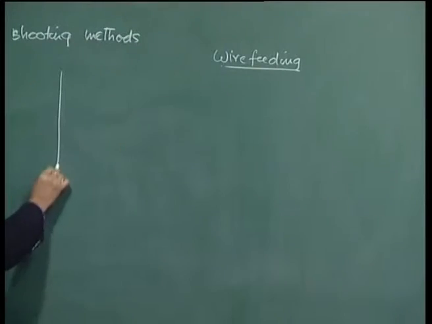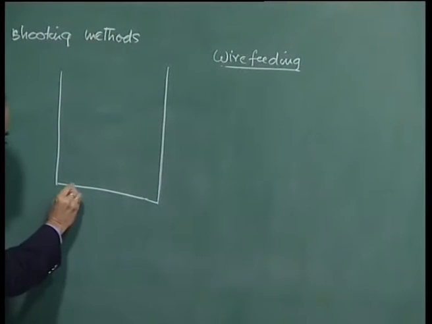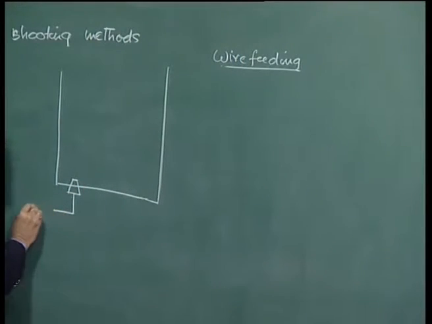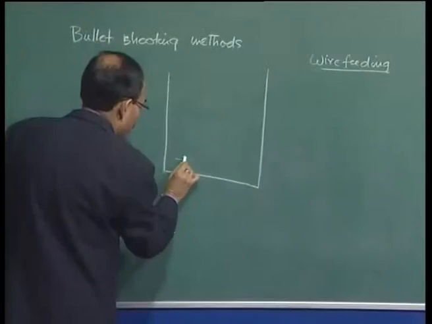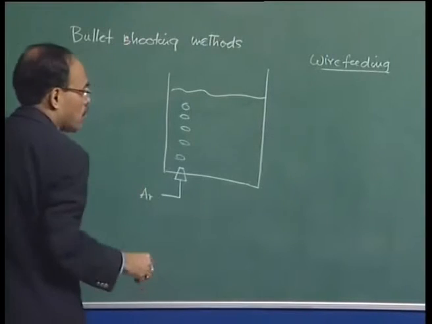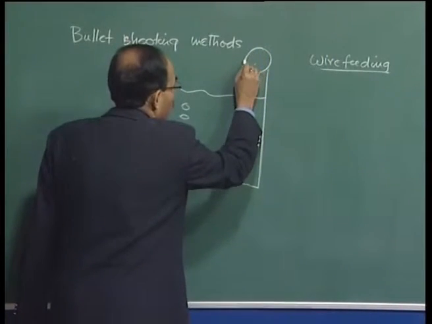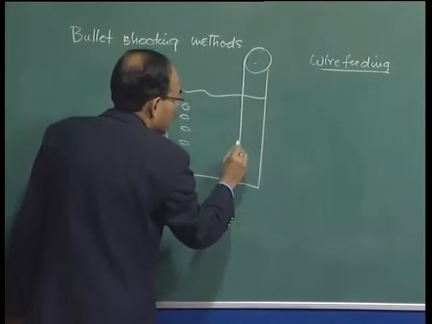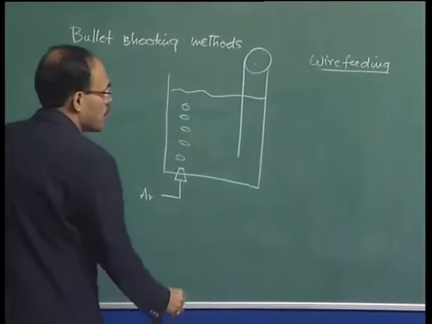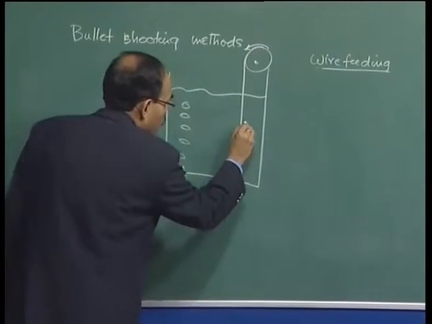For example, if you have a melt in a ladle, you have a porous plug here through which argon is going to be injected, and you have a coil here through which the aluminum wire comes. This is basically a roll which rotates, and this is the aluminum wire.